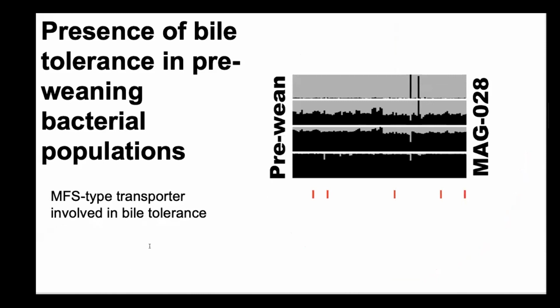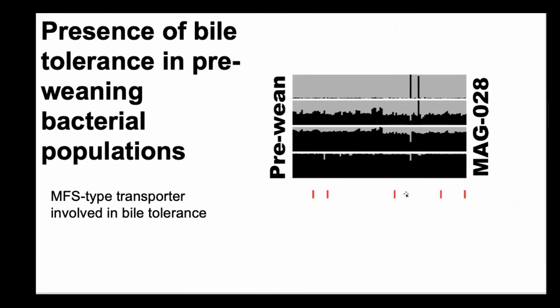For example, another one down here: you're looking at only 4 samples in the pre-weaning, because the other 660 samples have no detection at all of this MAG 28, or bacterial population 28. Here, I just flipped the circle into a horizontal layout, and each of these columns again represents one gene function and each row represents a sample.